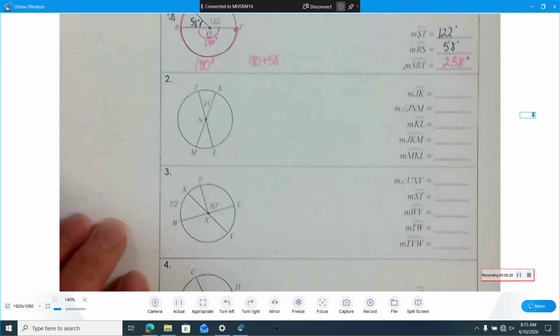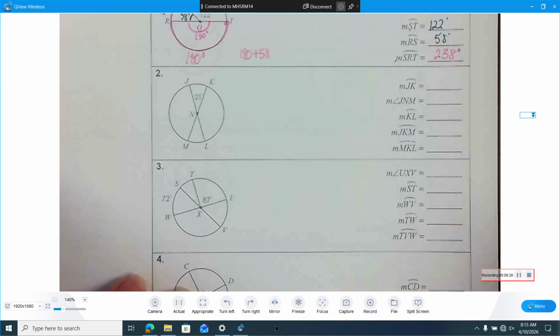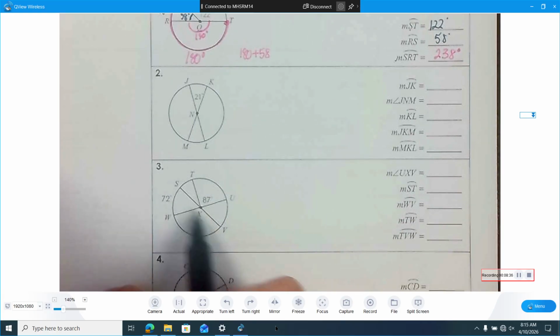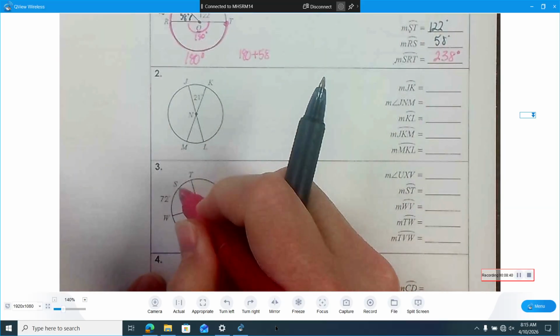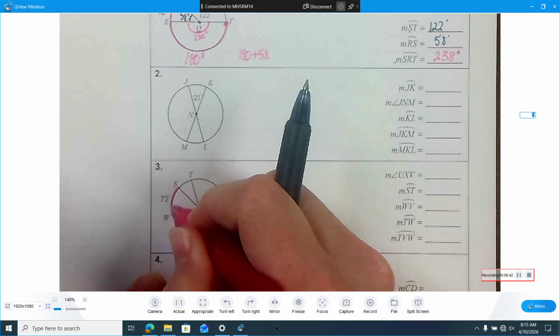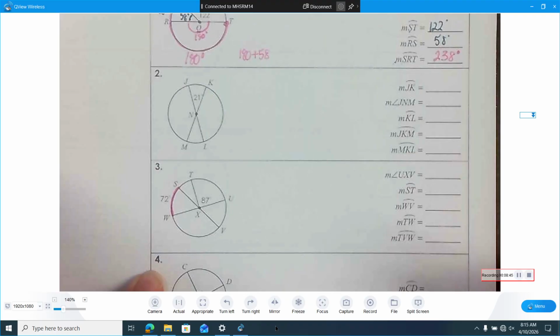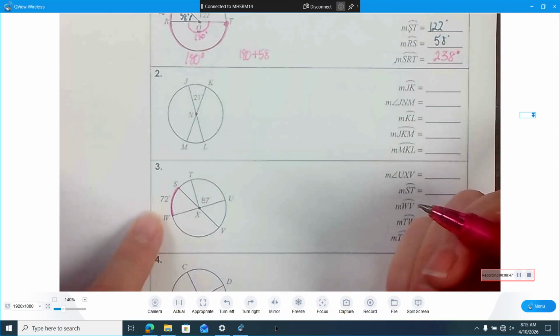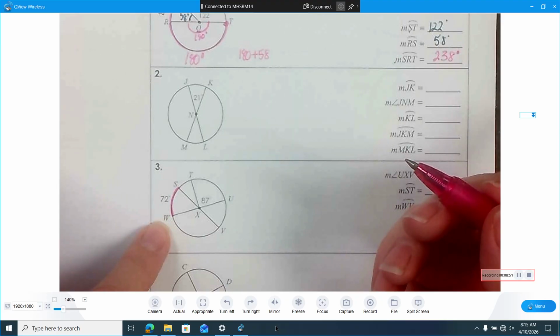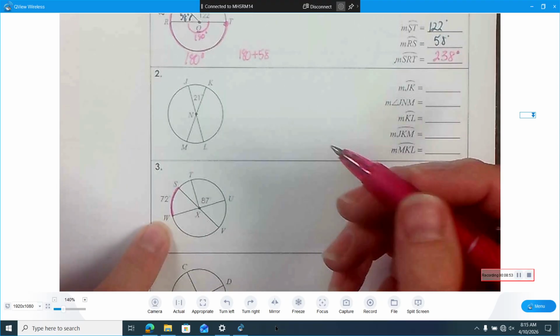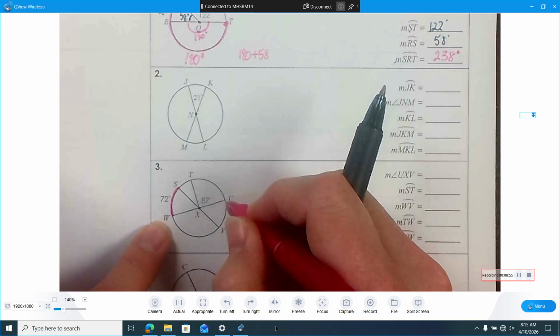Let's skip to number 3. All right, again, let's see what we can do. Oh, hey, look at this. Let's look at our picture really carefully. We know that arc SW is 72. What else do we know with that 72? Ooh, interesting. Yeah, how do you know UV?